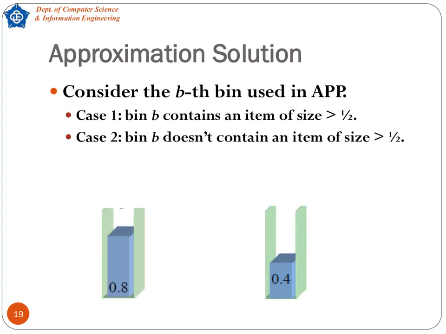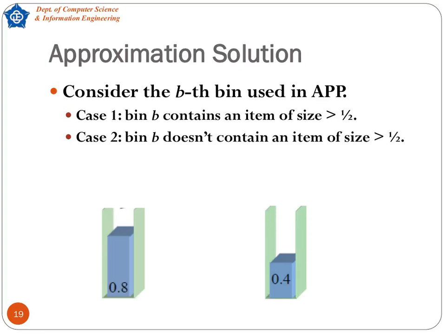Building on our analysis of optimal solutions, this slide delves into an approximation solution. Specifically, we'll examine the behavior of a particular bin, the i-th bin, within the context of the approximation algorithm. When analyzing this i-th bin, we encounter two primary distinct cases.